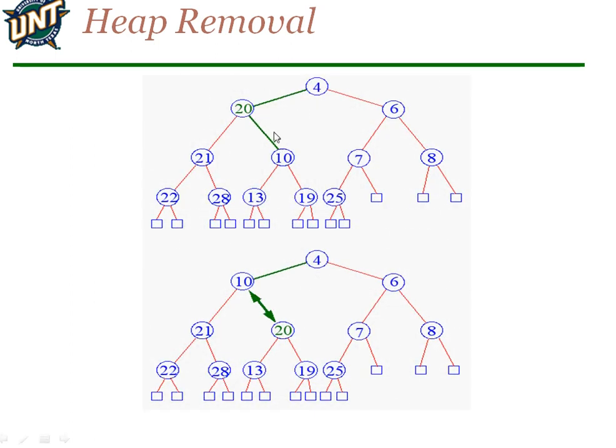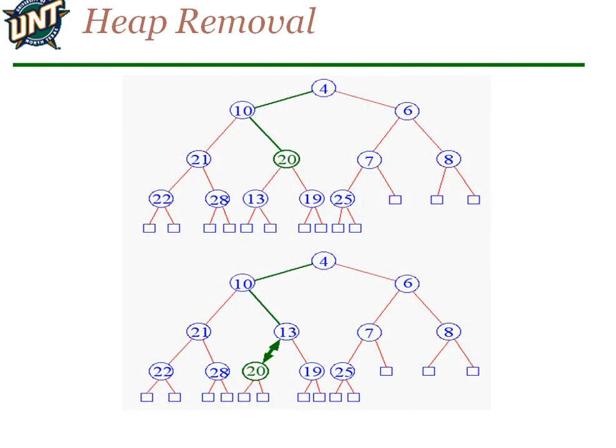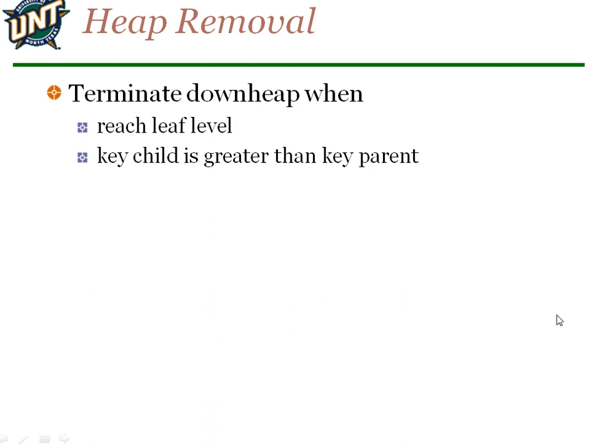Then checking again, the values will be swapped to satisfy the heap property, and the resultant structure will give you a heap structure. Further doing this will result in this structure. Till it is done, we will stop this process.